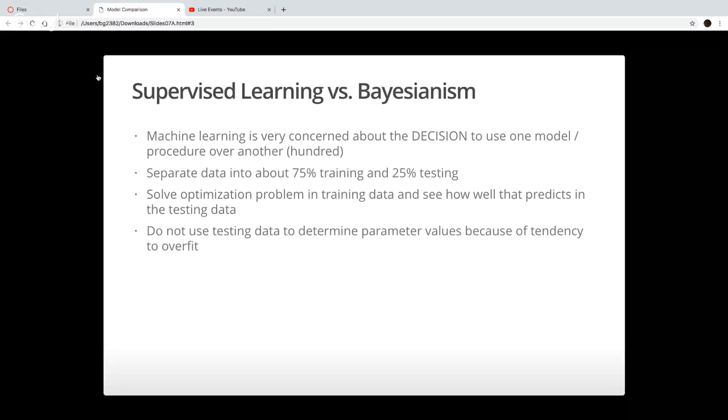So supervised learning, you can think of as a branch of quantitative methods that puts almost all the emphasis on the second source of uncertainty, and not very much concern on the first or the third. And I mean, they try to do as best they can with the fourth. But in particular, they're de-emphasizing the first source of uncertainty, the uncertainty about the parameters in the model. They just take their point estimate and go with it as if they were sure that was the truth, when really that in no way should be the case.